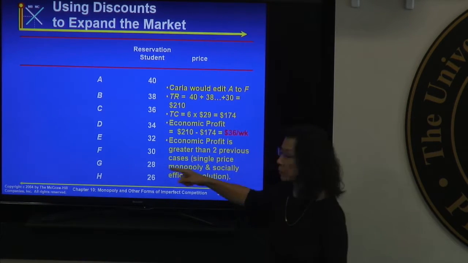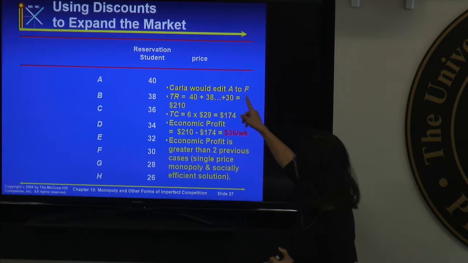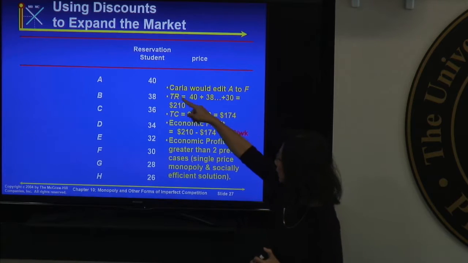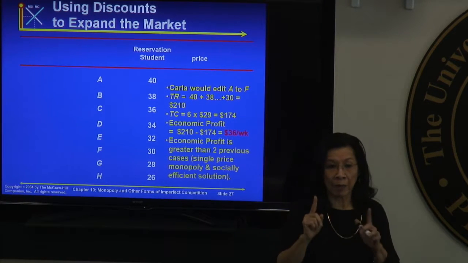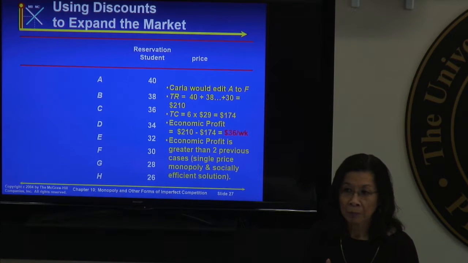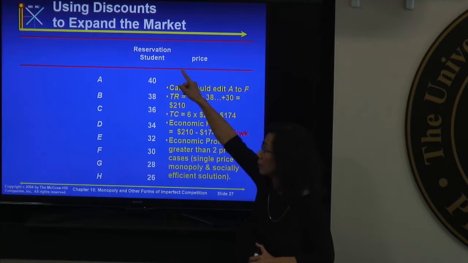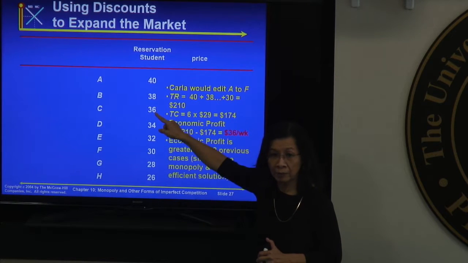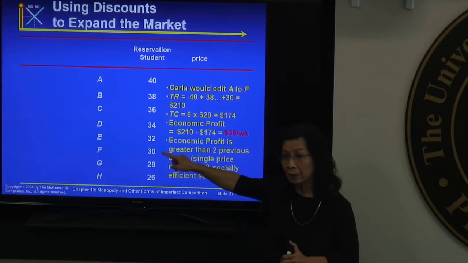The reservation price all the way 26 to 40. So Carla would edit A to F. Again, same thing up to here. But then instead of multiplying by the same price, now you are taking 40 plus 38 plus 36 plus 34 plus 32 plus 30.